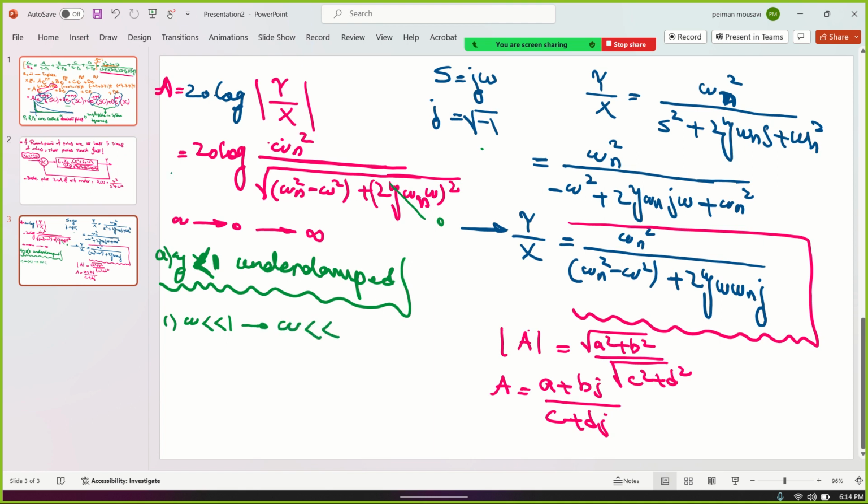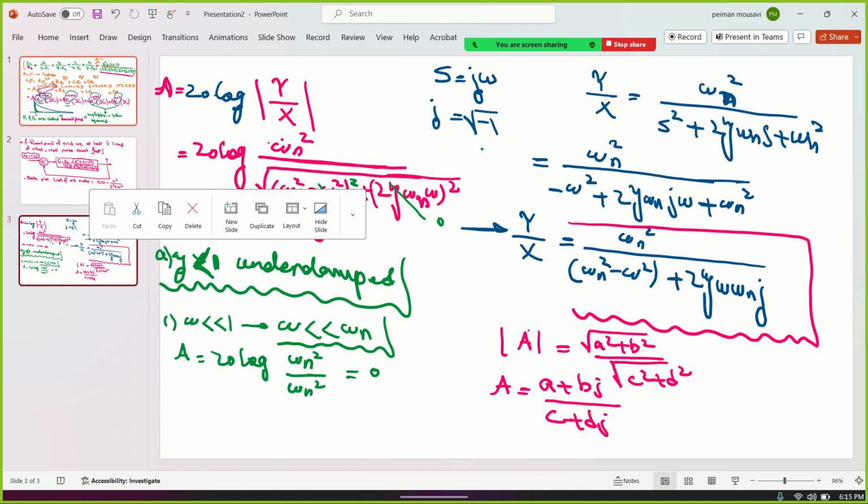Omega is very, very smaller than omega n, so I'm gonna say bye-bye to this also. So your A becomes 20 log of omega n squared over omega n squared, you have a square here, guys, sorry for that, which is 0.